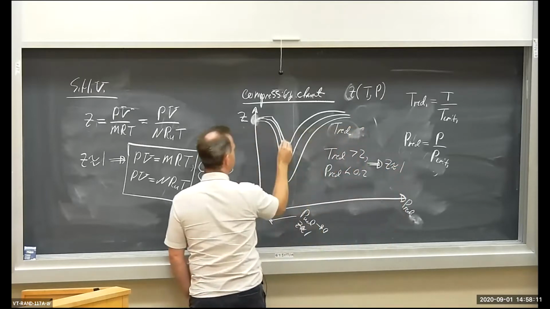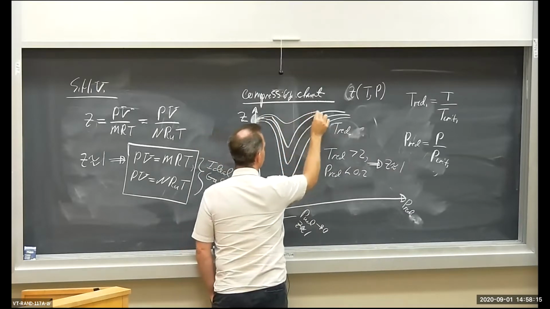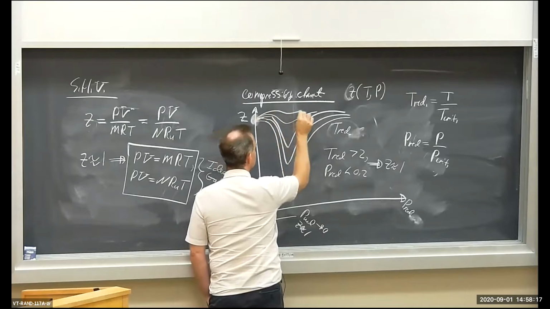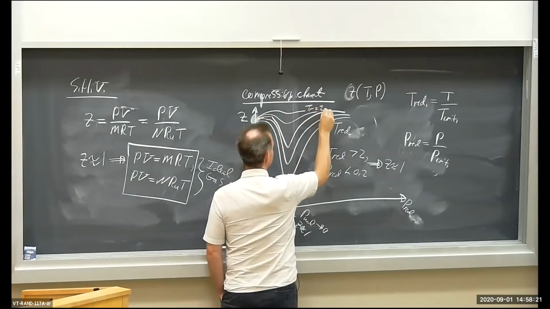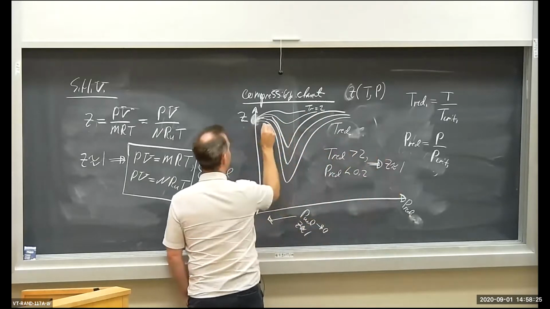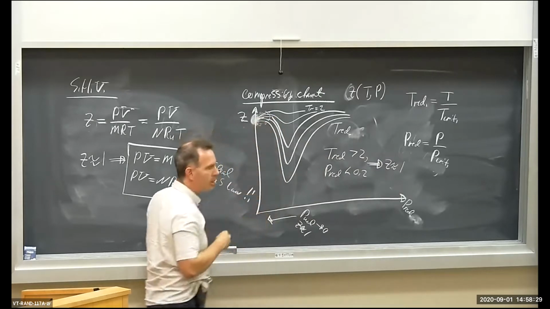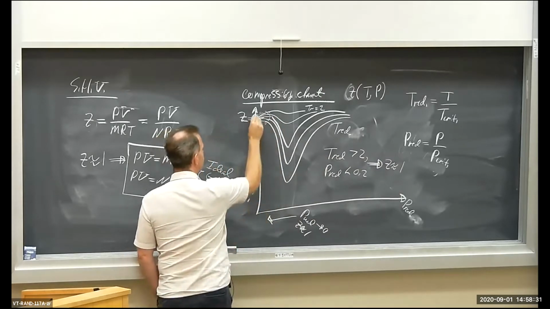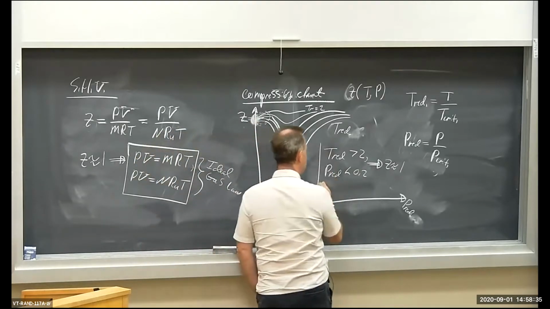That puts us basically, let me put in a few more reduced temperature curves. So this is T reduced equals 2 right here. So using this rule here, we end up staying right in this region where Z is approximately equal to 1. Okay, Z is 1 right there. Okay, so let's put a little box around that.